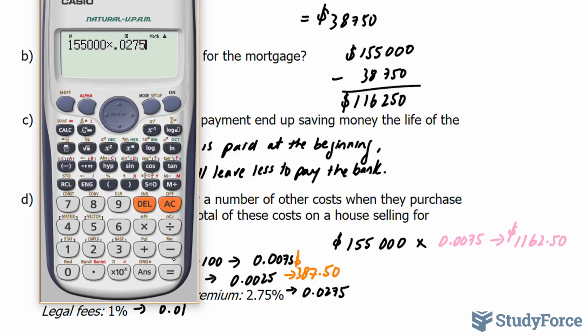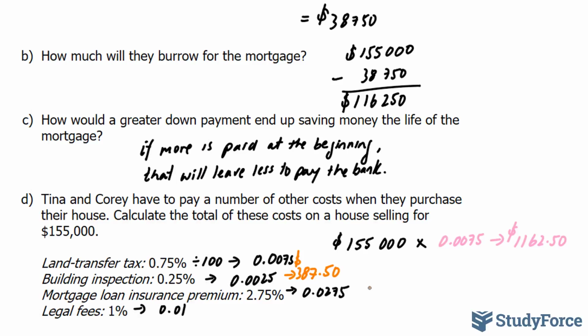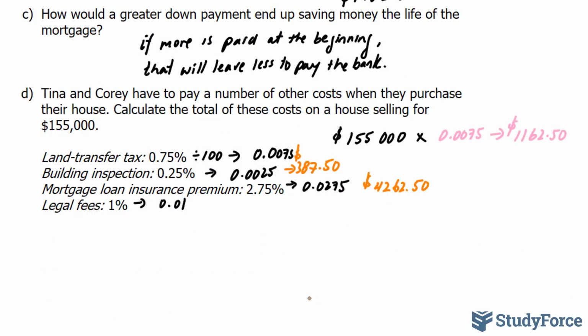For this one, $4,262.50. And lastly, for this one, we end up with $1,550 even. So if we add all of these up, we'll end up with all the extra costs that come with buying a house that is $155,000.